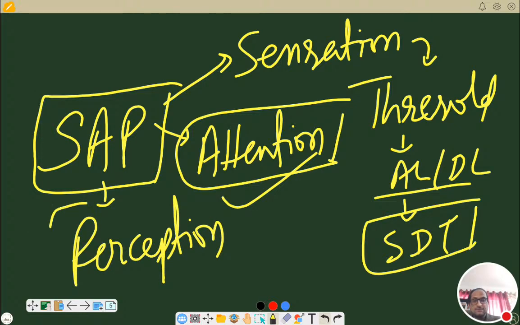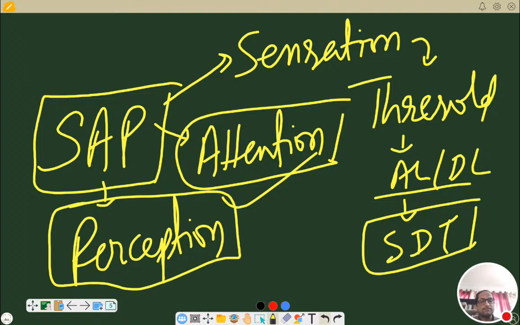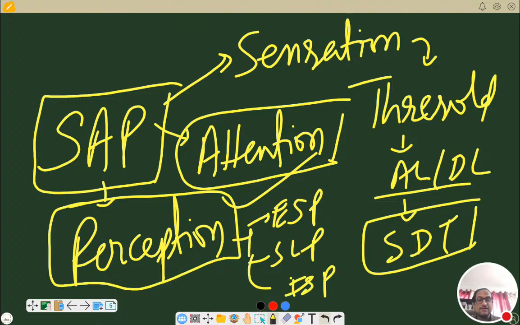Under perception: what perception is, laws of perception, top down, bottom up, that is just for your understanding. Then how perception happens, top down approach, bottom up approach. Then within perception will come your ESP, extrasensory perception, subliminal perception, intersensory perception, and the recent trends in perception. That is very important. That is asked in the examination.